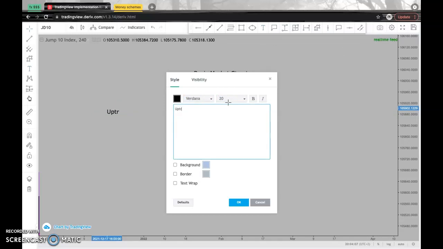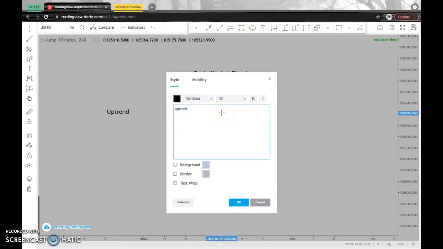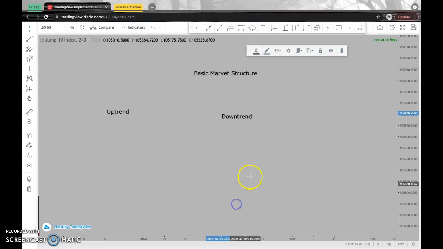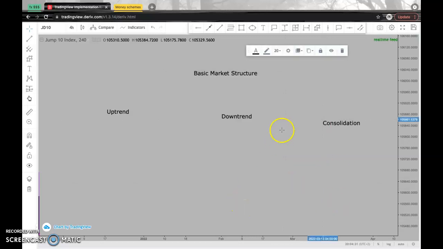So at any point in time, the market could either be in an uptrend, it can either be in a downtrend, or it can be in a consolidation phase, right? So these are the three market phases that play out any day, every day, any market. Open it up, try and find these things out.